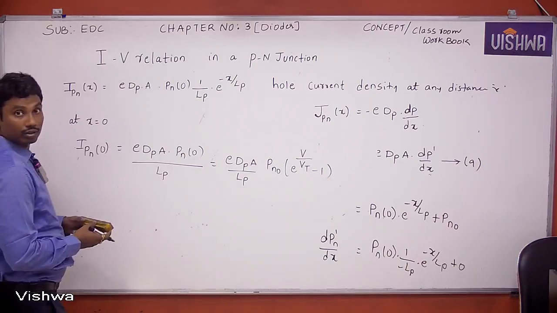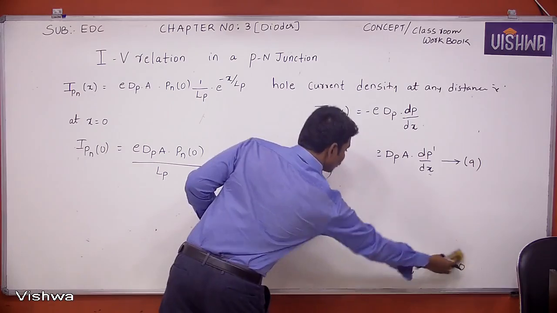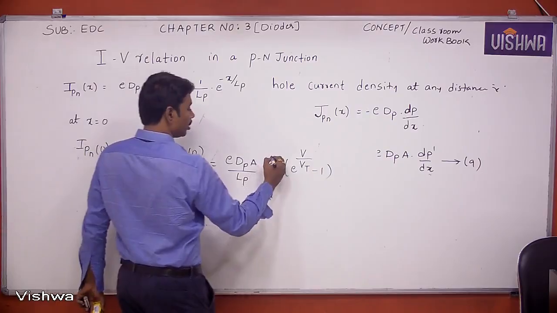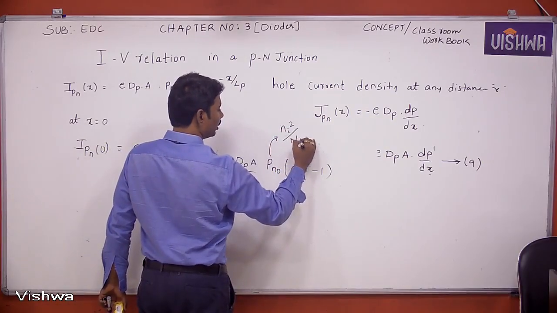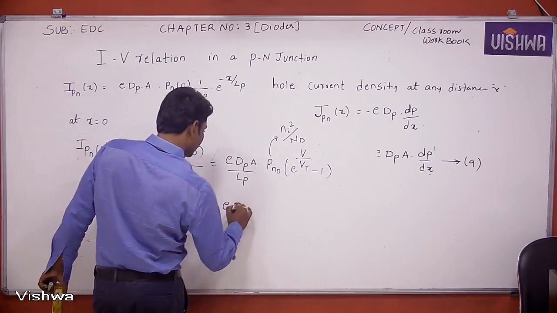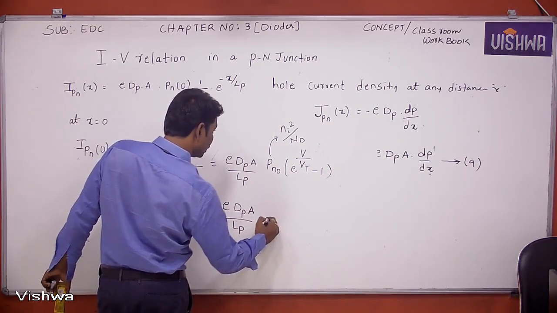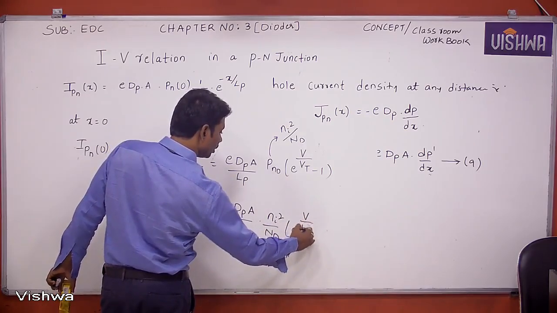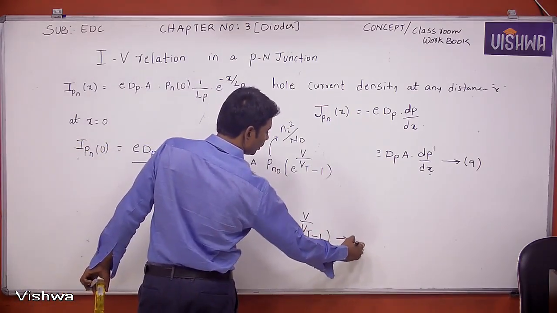Any doubt? Right? And what is this Pn naught? You know that this Pn naught is nothing but Ni square by Nd. So IPn of 0 is E into Dp into A by Lp into Ni square by Nd into e power V by Vt minus 1. I think this is equation 10.